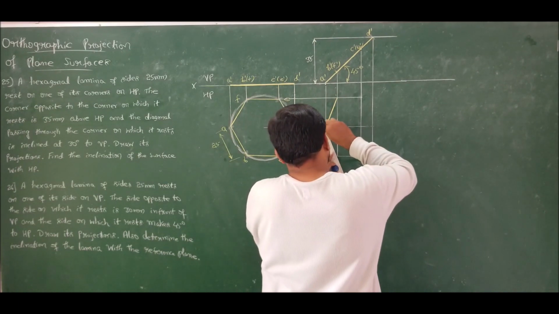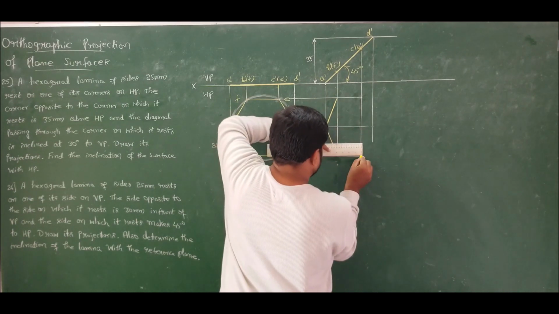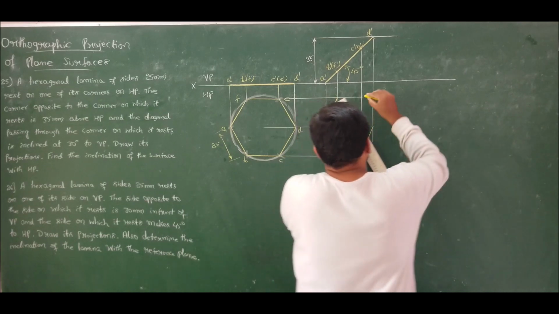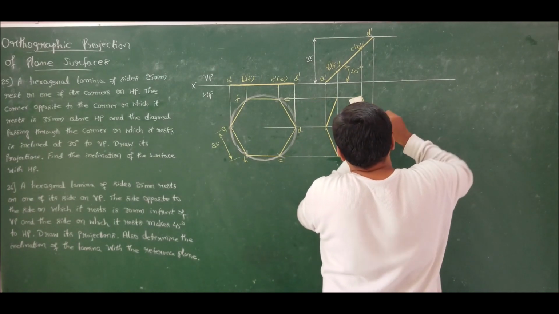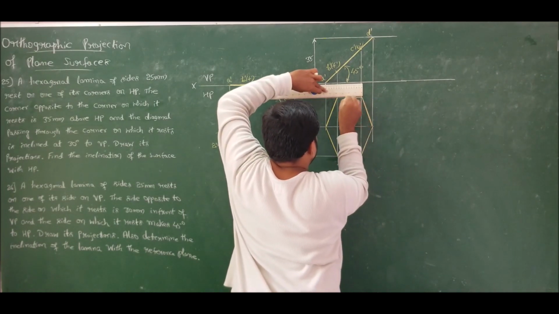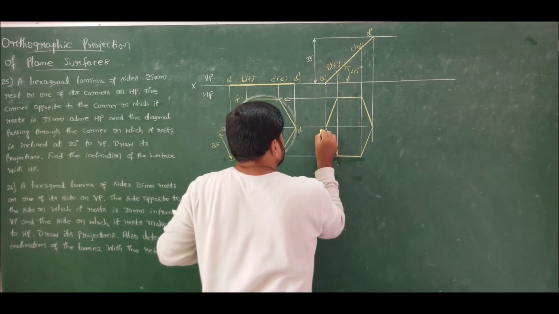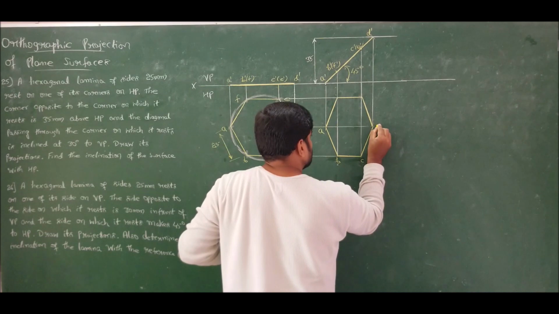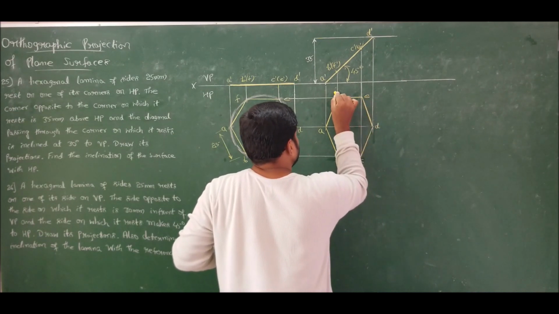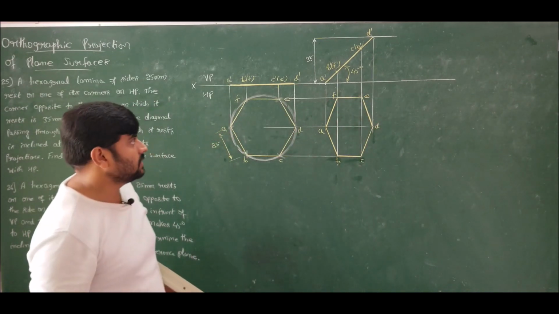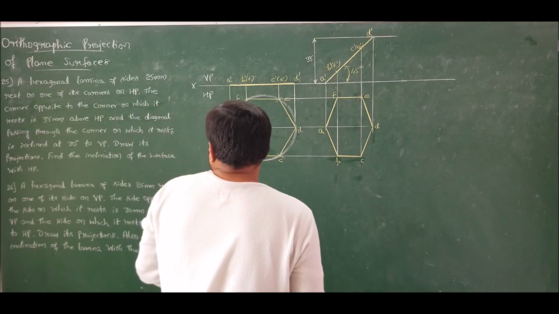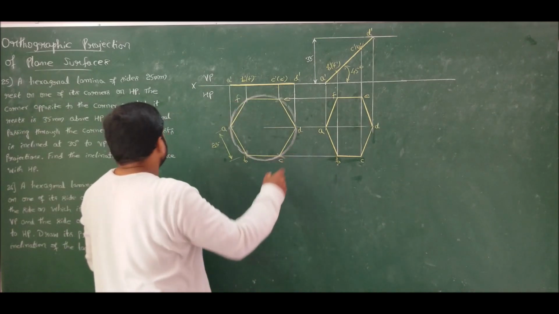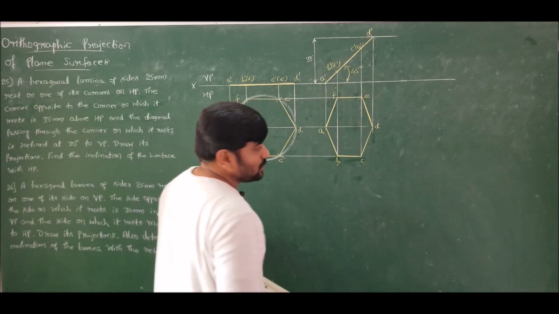A, B, C, D, E and F. Done. Now he says that the diagonal passing through the corner, that is AD, is inclined at 30 degrees to VP.